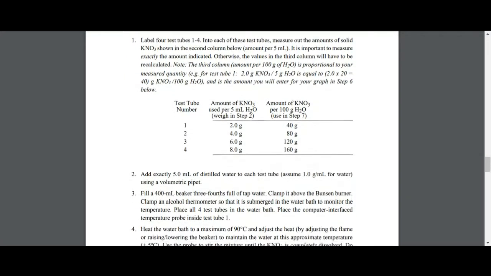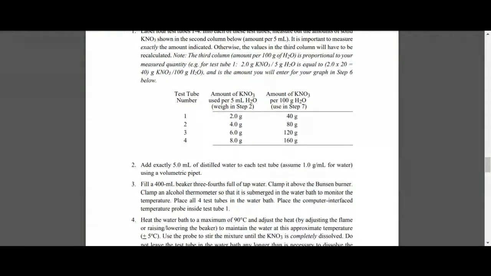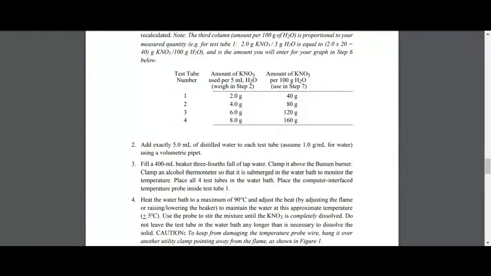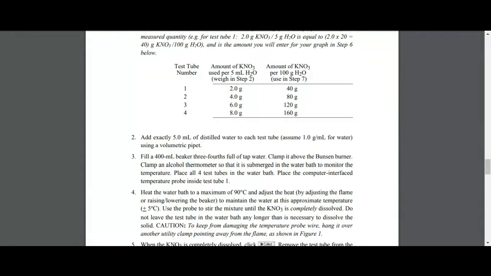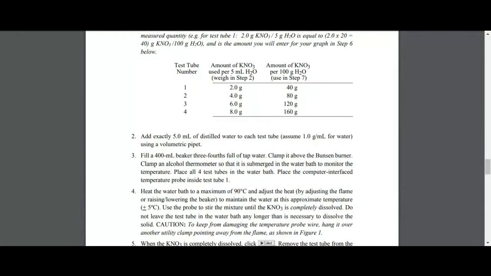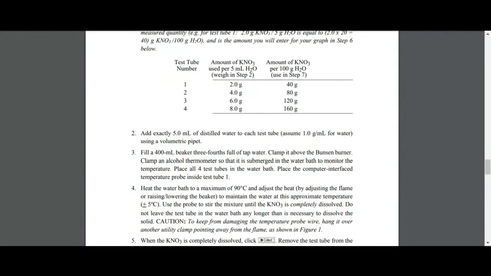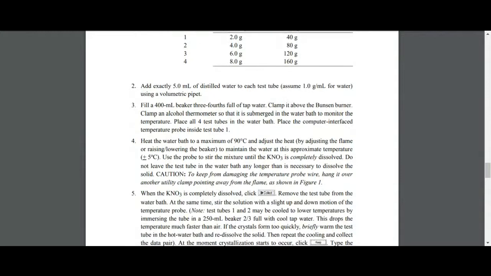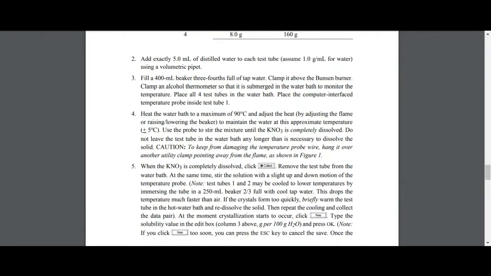We're going to assume 1 gram per milliliter, so we can use a pipette to get the water, if the pipettes are out here. If not, I will find something else. Then we are going to increase the temperature and find out at what temperature it is going to form the crystals. At the temperature where it starts forming crystals, that's the temperature for saturation. And then we can do the calculation.